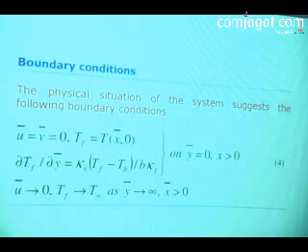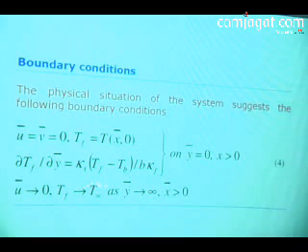These are the boundary conditions. On the surface, the velocities are 0, and we consider the surface temperature here, and this is the condition for conjugate heat transfer, that means conduction from the cylinder to the outside.